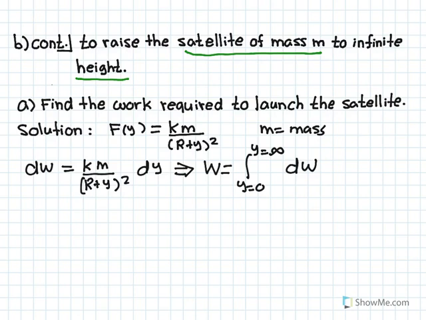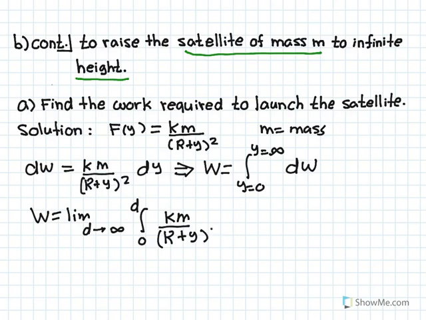We're going to replace the upper limit by a different letter, like d in this case. So work is equal to the limit as d approaches infinity of the integral from 0 to d of Km/(R+y)² dy.